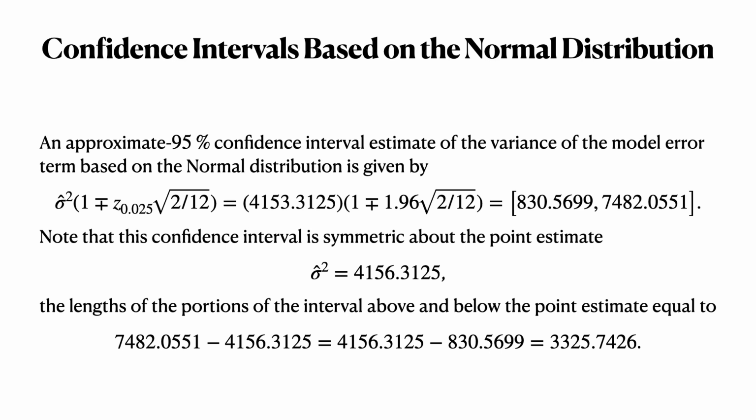So when we carry out those calculations, we get the approximate 95% confidence interval estimate of sigma squared that ranges from 830.5699 up to 7482.0551. Now note that this confidence interval, by virtue of its construction, is symmetric about the point estimate sigma hat squared equal to 4156.3125.